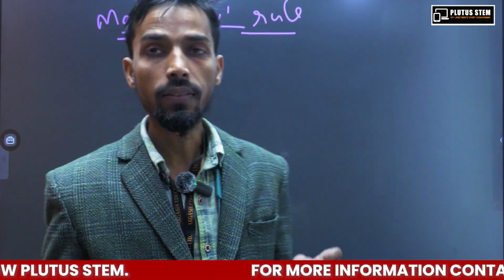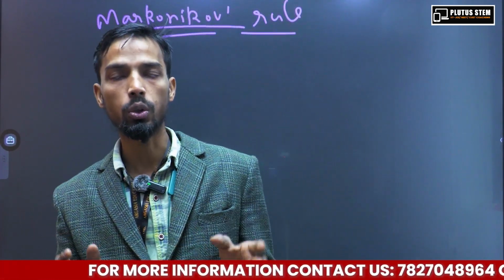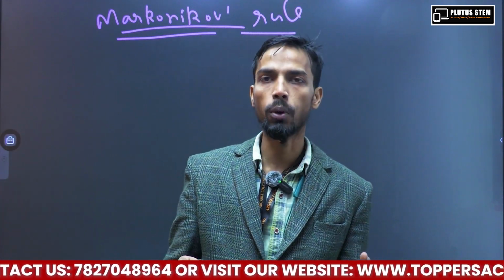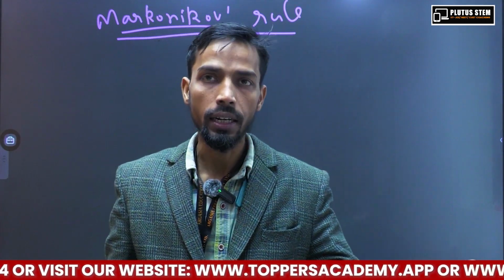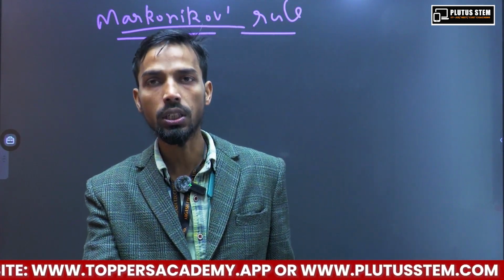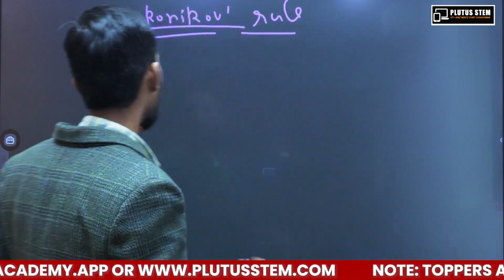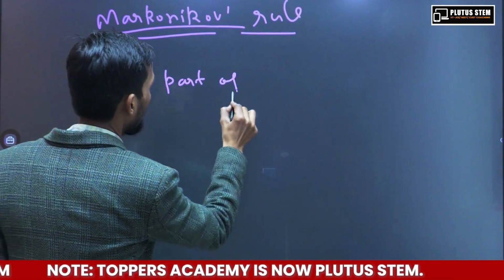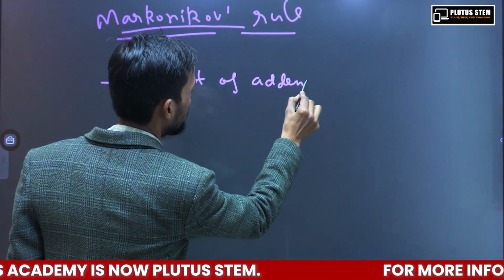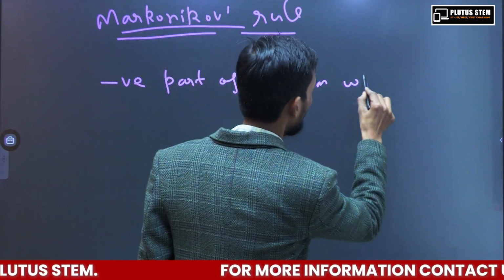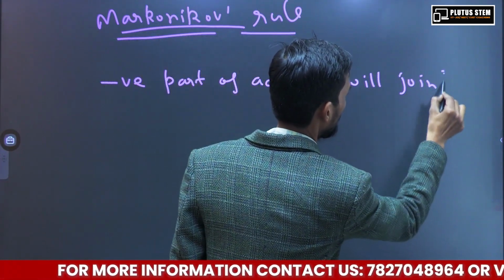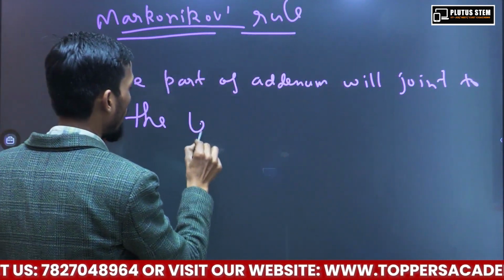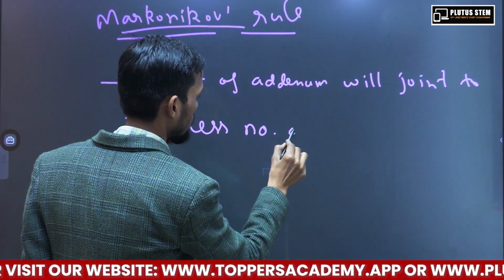It tells that if we are adding such a polar or induced polar molecule which has two parts, one a negative part and another a positive part, then the negative part will join to the carbon with less number of hydrogens.